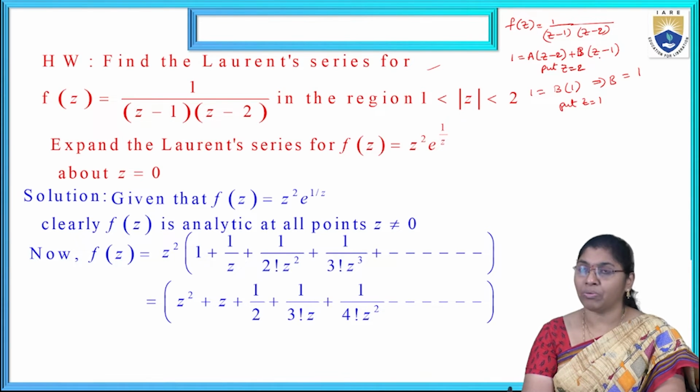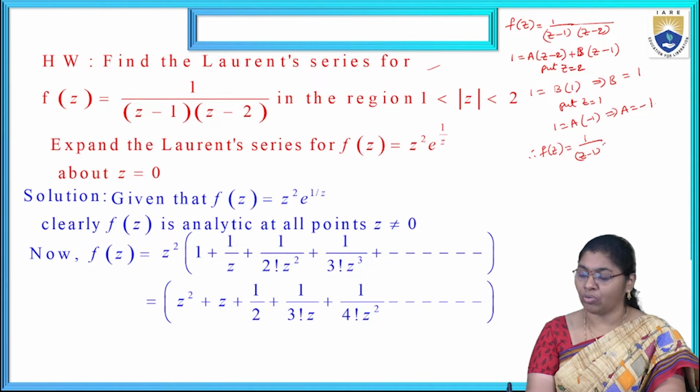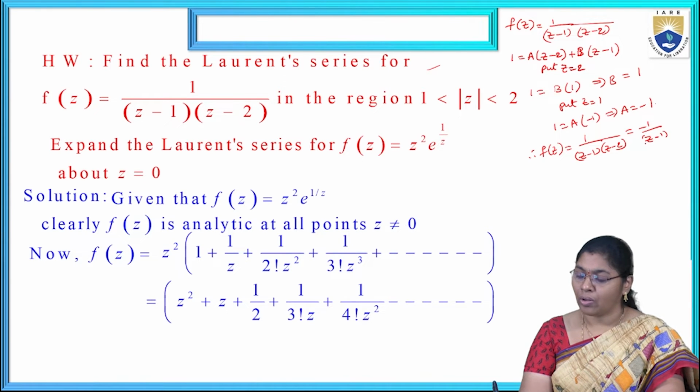Then the b term is completely 0, and 1 equal to a(1 minus 2), that is minus 1, which implies a equal to minus 1. Therefore, the function f(z) equal to 1 by (z minus 1)(z minus 2) has the partial fractions minus 1 by (z minus 1) plus 1 by (z minus 2).